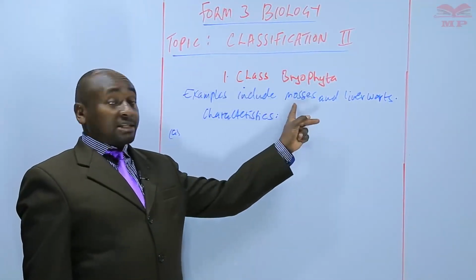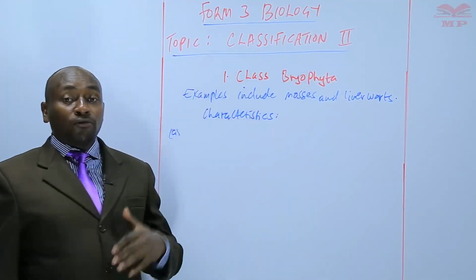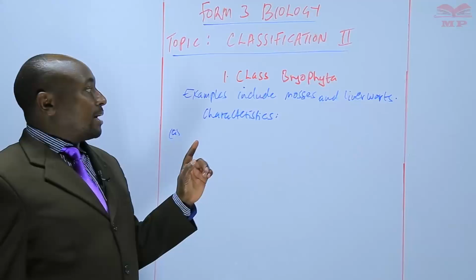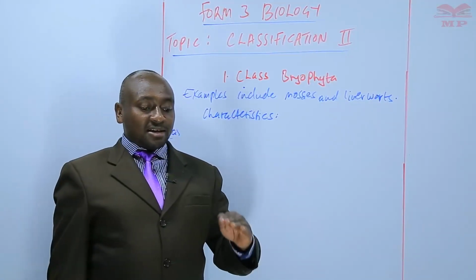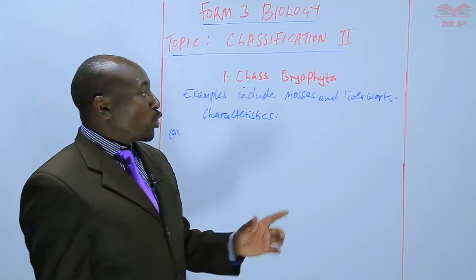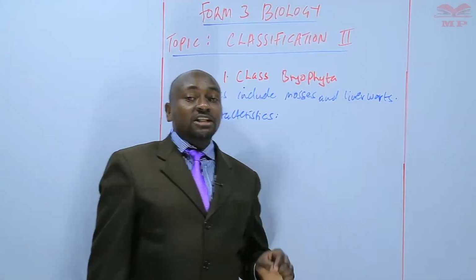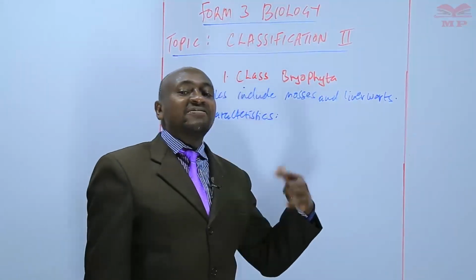For example, the mosses or the moss plant is differentiated. An example is Funaria. Liverworts are undifferentiated. You cannot tell that this is the stem and these are the leaves. It's not differentiated. So the one that is not differentiated, we use the term thalloid. Thalloid means undifferentiated.